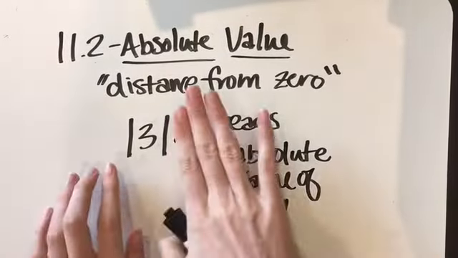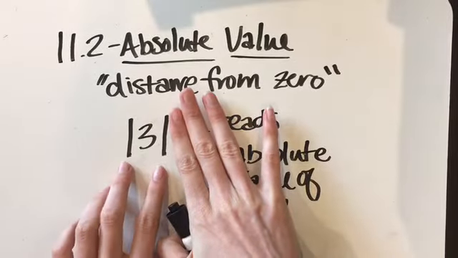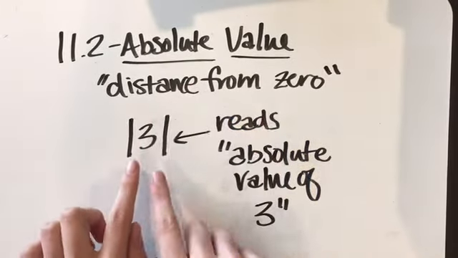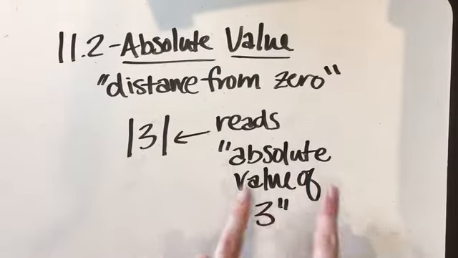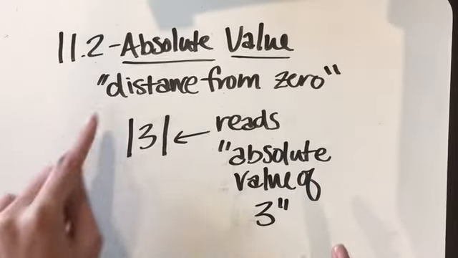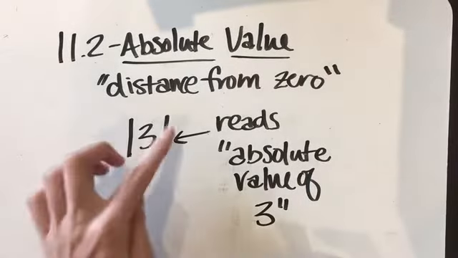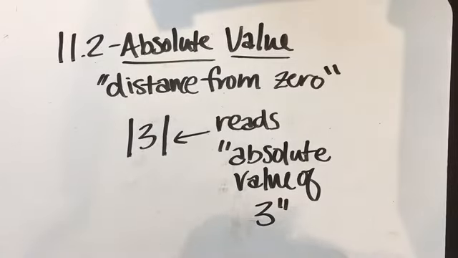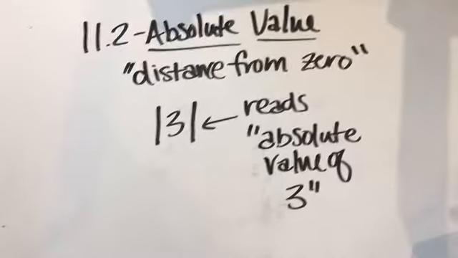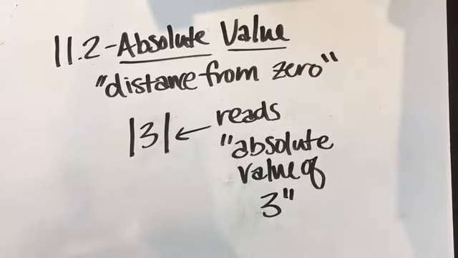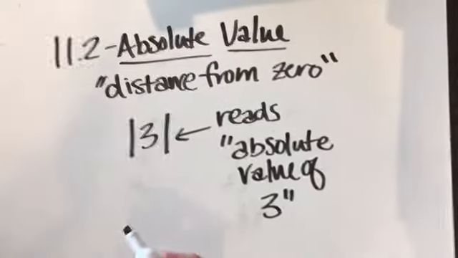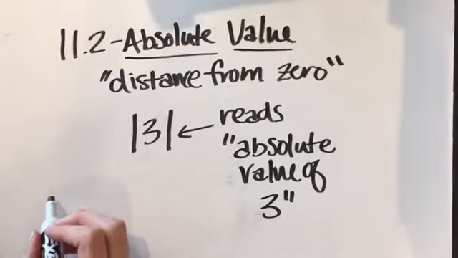If we were to look at this right here with these absolute values and the 3 in between, we would read this as the absolute value of 3. That's what this symbolization means, the absolute value of 3. So with that in mind, let's find out what is the absolute value of 3. And you're going to use a number line to do this. Now, will you use a number line in all of your homework? No, you won't need to, but it can help us understand what's happening here.